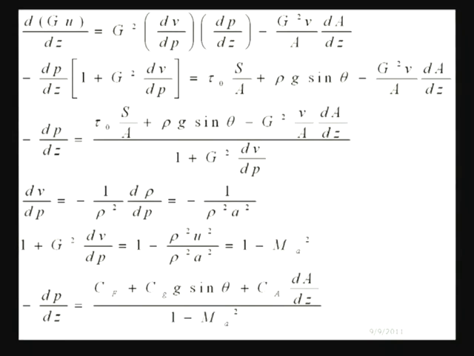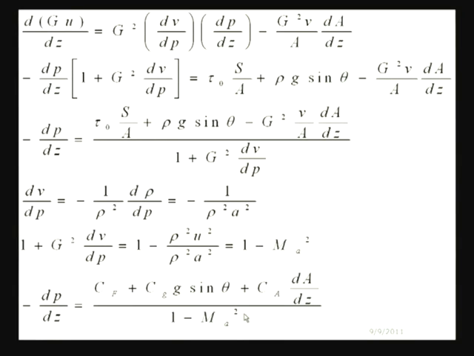And if you look at the PPT, you will find that we deduced that this 1 plus G square dv/dp was nothing but 1 minus the Mach number corresponding to that particular fluid flow, is it not. So, therefore, this denominator term was equal to 1 minus Ma square.